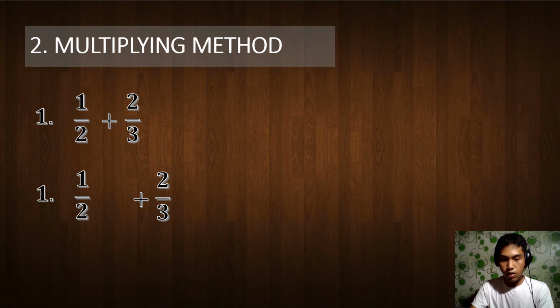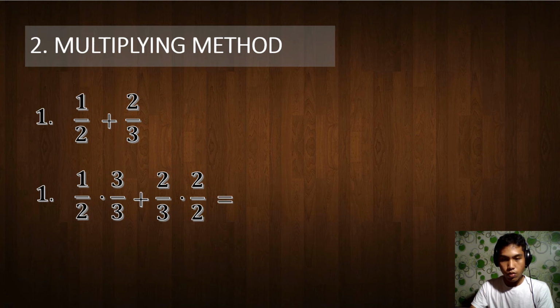In this case, we can think of 6, right? Each fraction should be multiplied by a fraction that will result in a common denominator. So for the first term, we can multiply it by 3 over 3, and for the second term, we can multiply it by 2 over 2.